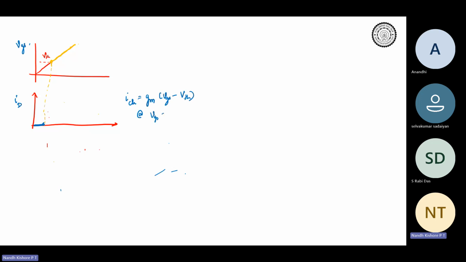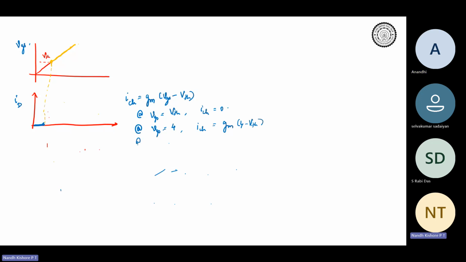At VGS equal to VTH, I channel is zero, right? At VGS equal to, let's say, V threshold is 3 volts, so let's say it is 4 volts. Then I channel would be what? GM into 4 minus VTH, right?